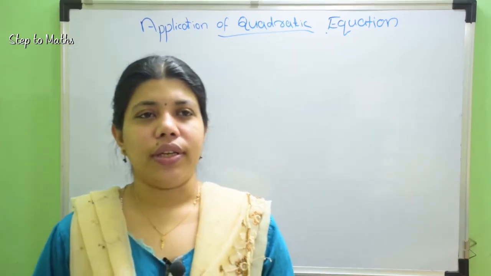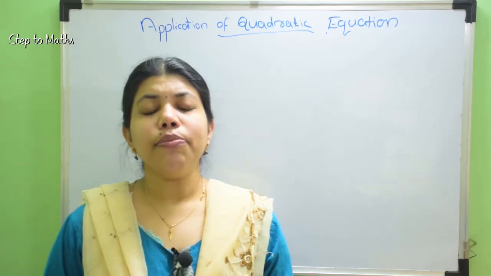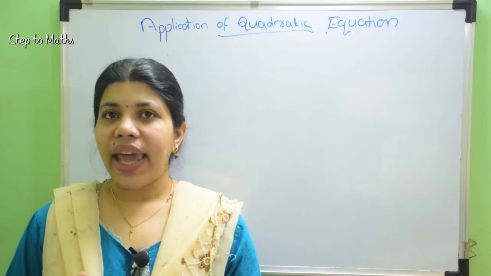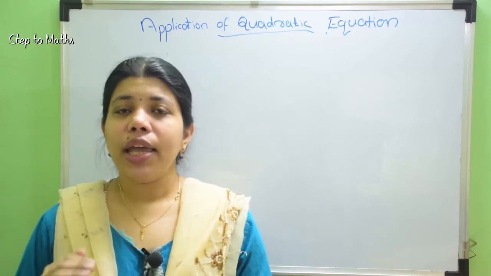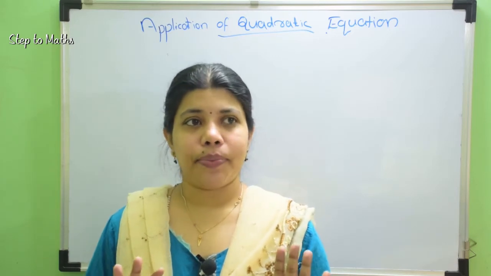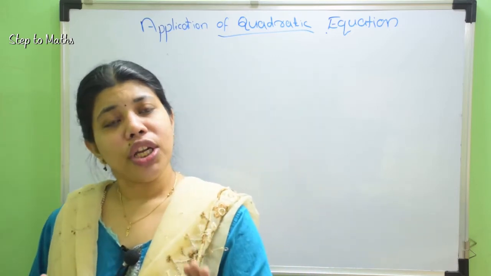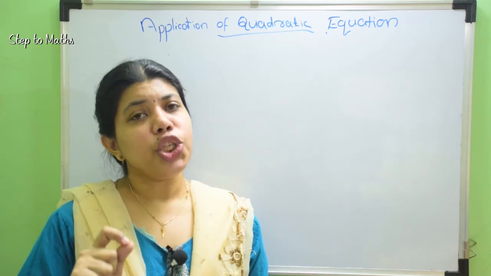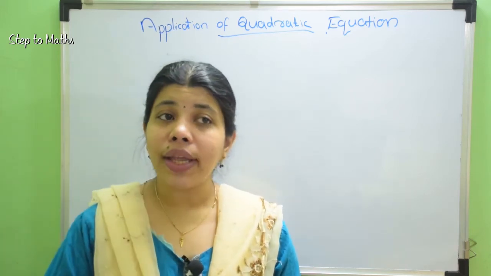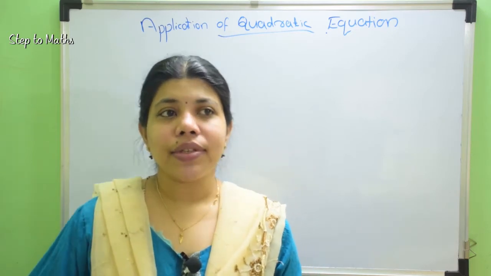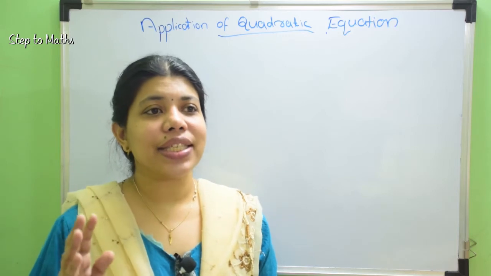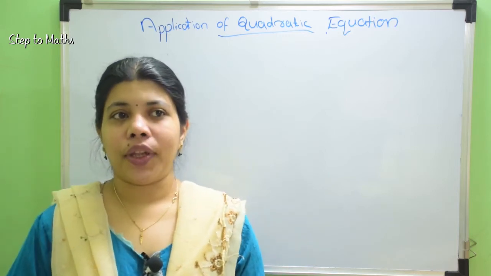Our next question. Mr. Kasam runs a small business of making earthen pots. He makes a certain number of pots on a daily basis. The production cost of each pot is rupees 40 more than 10 times the total number of pots he makes in one day.